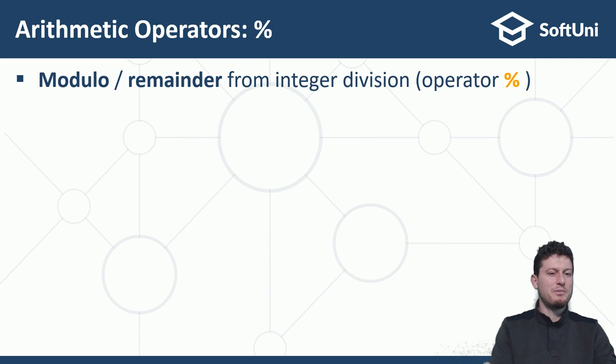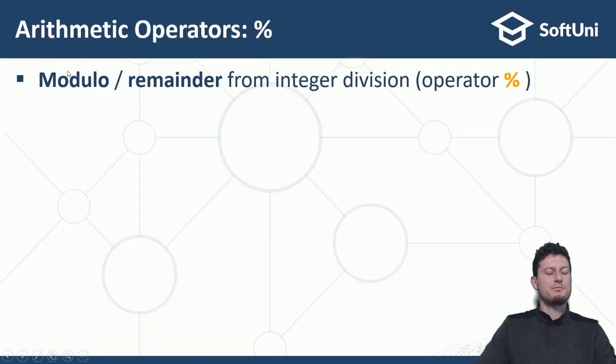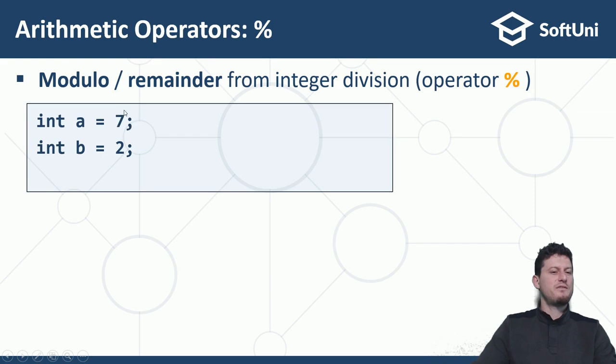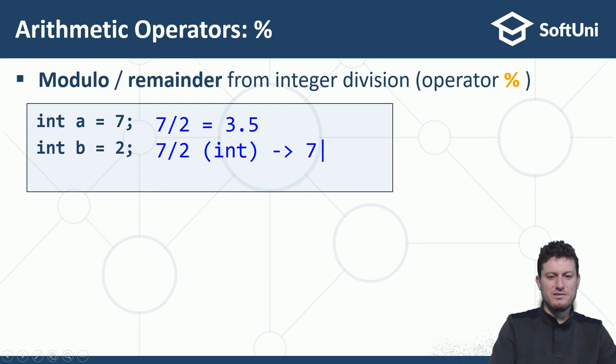The interesting operator next is this percent. Percent is the modulo from integer division. It's the remainder from the integer division. For example, 7 divided by 2 is 3.5. But 7 divided by 2 as integers is 3 with remainder 1.